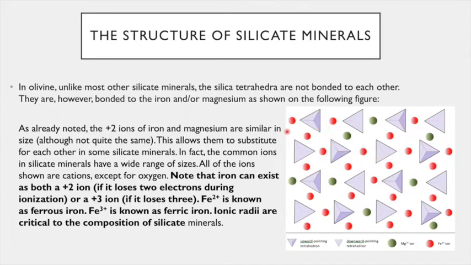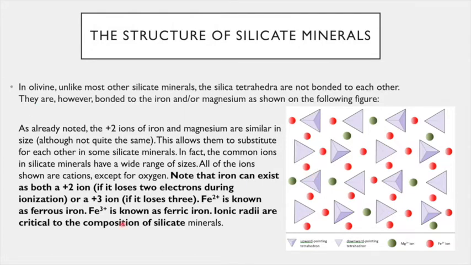Here in this red, these could be iron, or this is magnesium. So these iron and magnesium ions are surrounded. So in olivine, unlike most other silicate minerals, the silica tetrahedra are not bonded to each other. They are, however, bonded to the iron or magnesium as shown in the following figure.